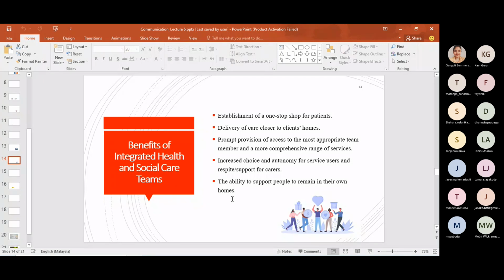Okay, so there are a huge lot of benefits in partnership. We will look at them one by one. One thing is the establishment of a one-stop shop for patients. We talked about referral systems earlier.